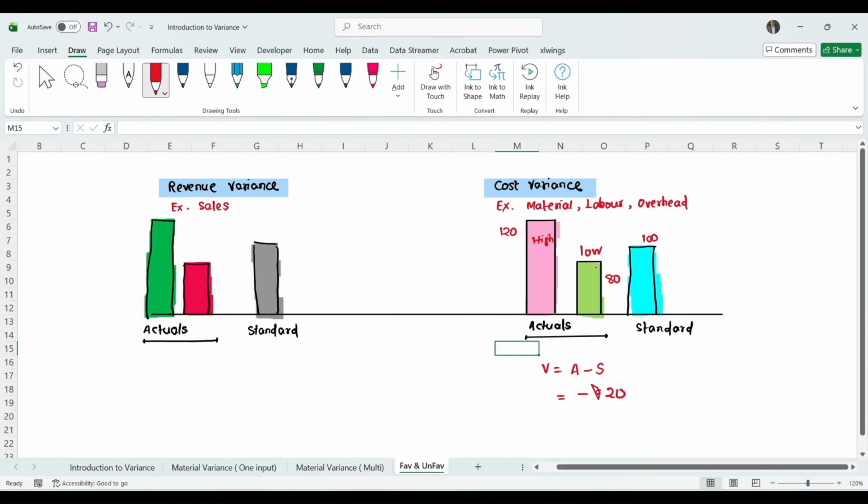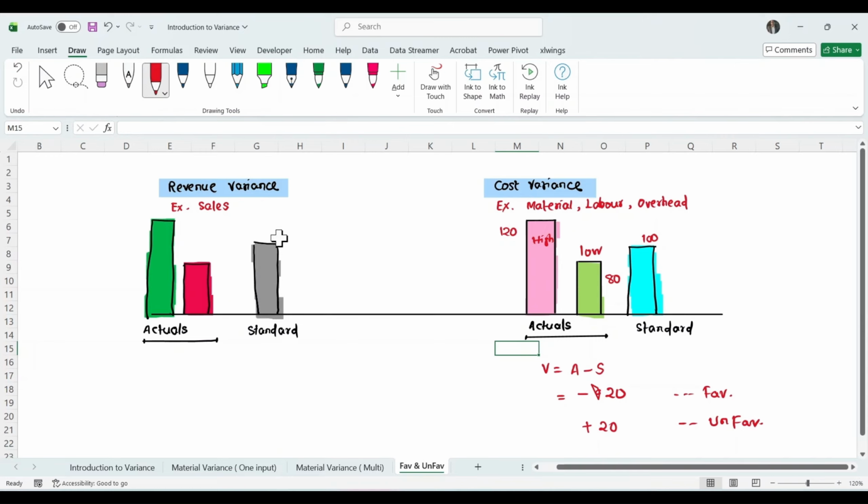When the cost variance comes in the negative range, that's actually a favorable one. And when the cost variance becomes positive, plus 20, then it becomes unfavorable. That means if we incur less cost, that's favorable. If we incur high cost compared to the standard, it's unfavorable.